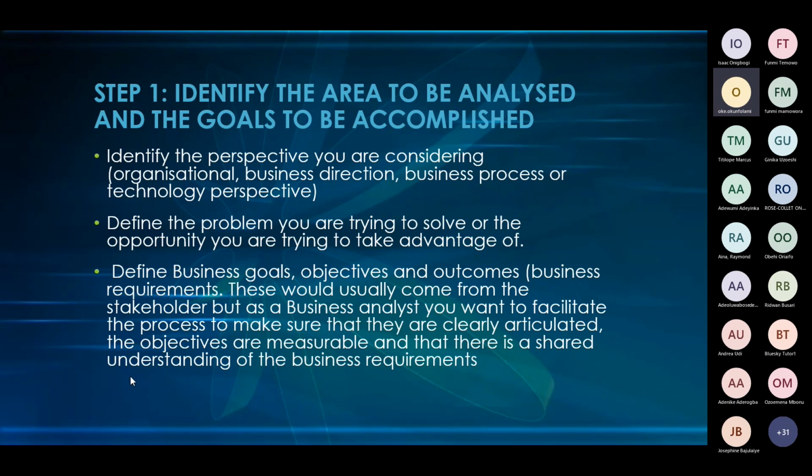So the first one here is to identify the area to be analyzed and the goals to be accomplished. So let's decide, in the organization, what part of the business are you targeting? It's not the whole organization. It might just be one part of the business that you're trying to target. And then when you've identified that, what's the goal?